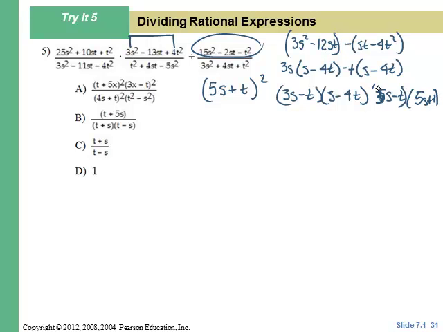There we go. Yeah, this is going to be negative 2 or negative 5. This is going to be positive 3, so that's why you get negative 2t squared. Over.